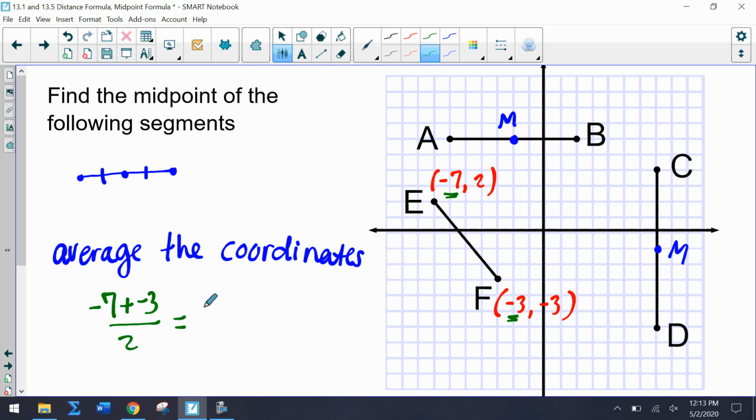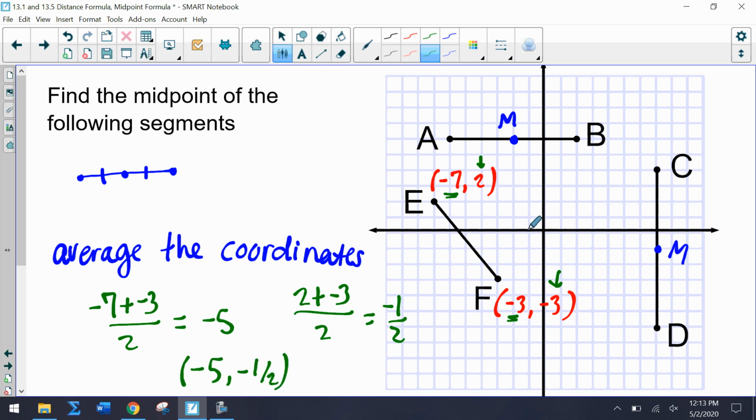That gives me -5. And then I have 2 and -3. So 2 plus -3 over 2 gives us -1/2. So that means at -5, -1/2, we have our midpoint. So let's see, 1, 2, 3, 4, 5, -1/2 is our midpoint.